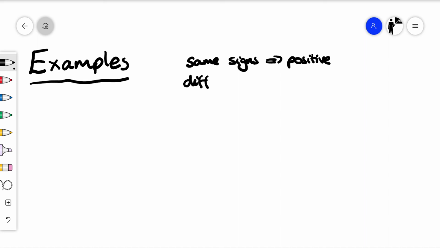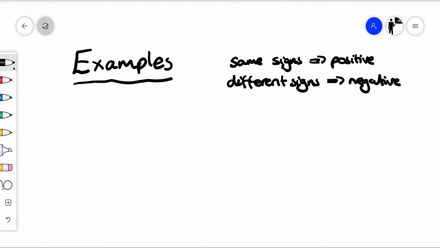When it's different signs, it's negative. That's only for multiplying and dividing. For example, let's do this one here. Negative 8 divided by 2. Hopefully you can spot that we have got different signs. I've got a negative and a positive. So if the signs are different, my answer is going to be negative. Then we're going to do 8 divided by 2, which is 4. So my answer is negative 4.